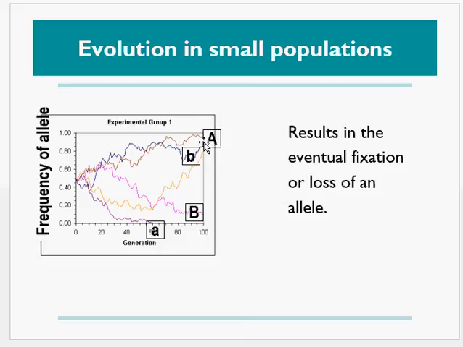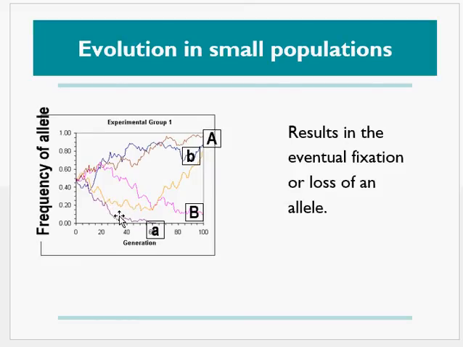Okay? So this occurs because of the small population size, meaning that as the frequency of the allele gets smaller and it becomes rarer, there is less chance of it being passed on to the next generation. And because it becomes less and less likely to be passed on to the next generation, eventually it just disappears altogether. So big A, this allele big A, looks like it's going down as well.